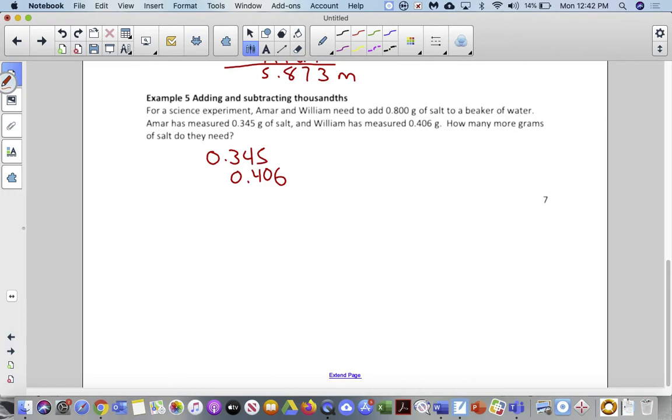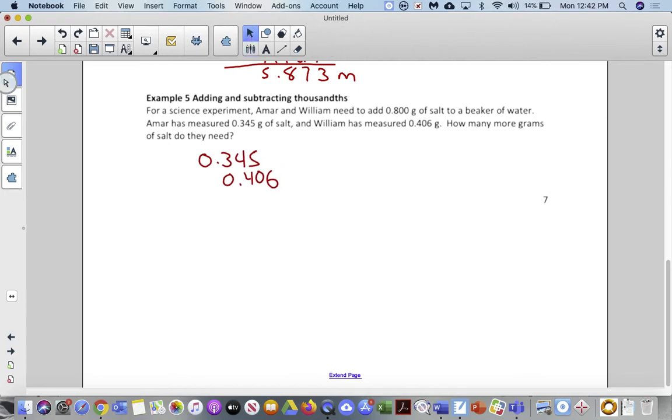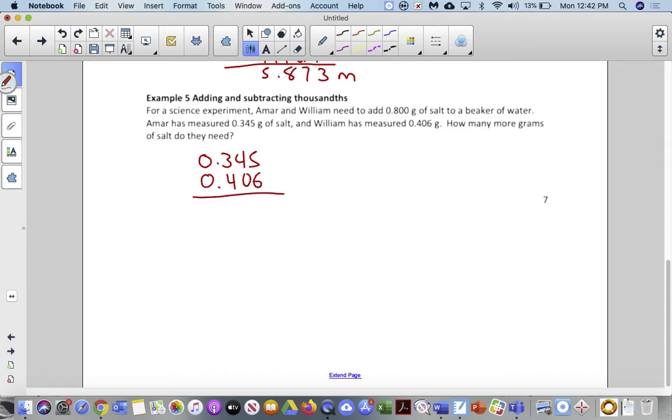Hopefully, someone online is thinking the decimal places are not lined up, and they would be correct. Really, I should have 0.406 lined up properly. Okay? Now I can add. 5 plus 6 is 11. 5, 7, and I get 0.751.